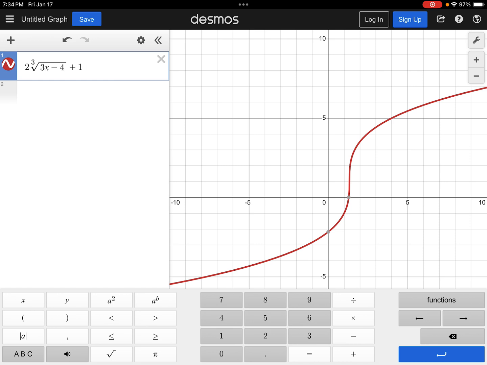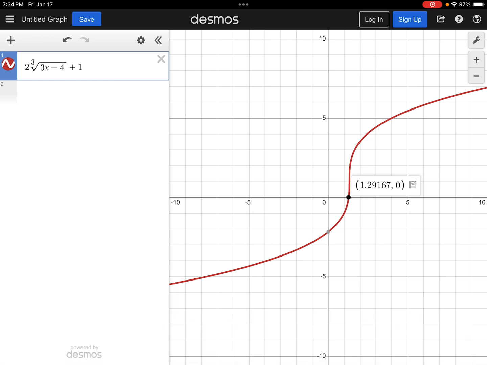And remember, our solution is where it crosses the x-axis, 1.29.